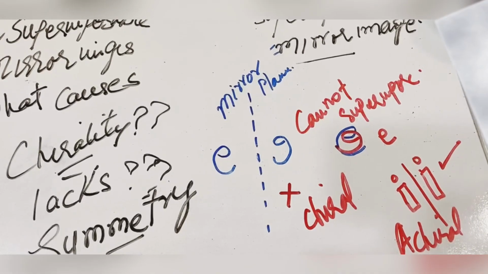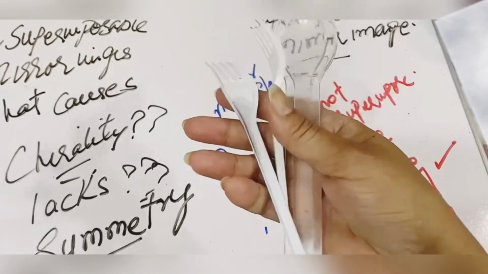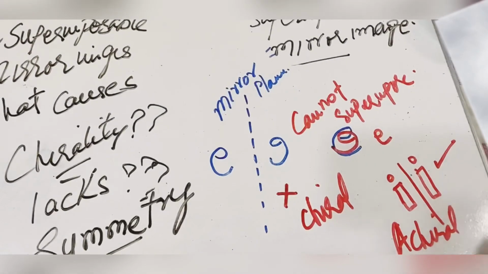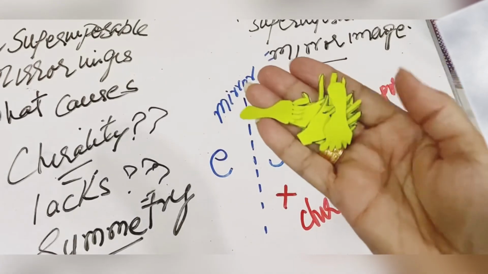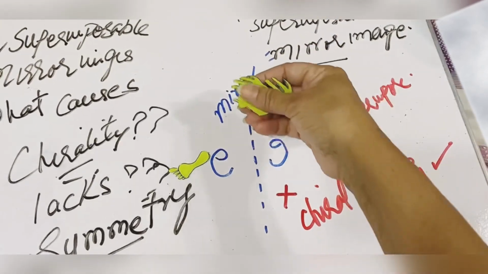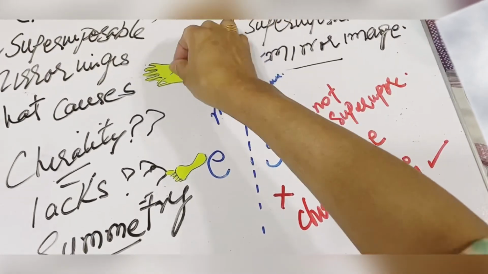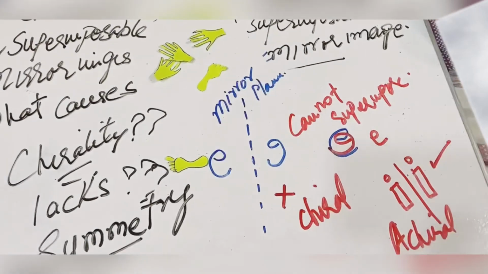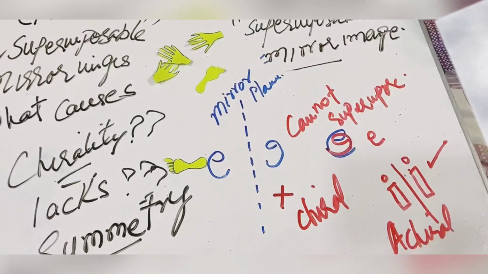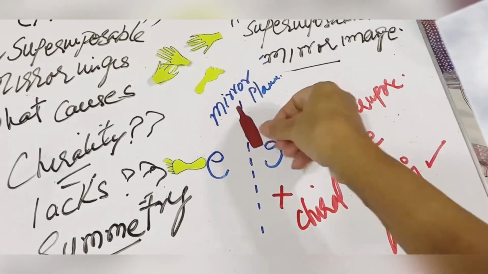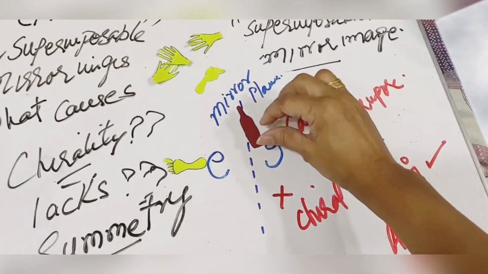I explained many examples like these forks, spoons, and hands, right? I showed you everything so that you can have a good idea about everything, the bottles.